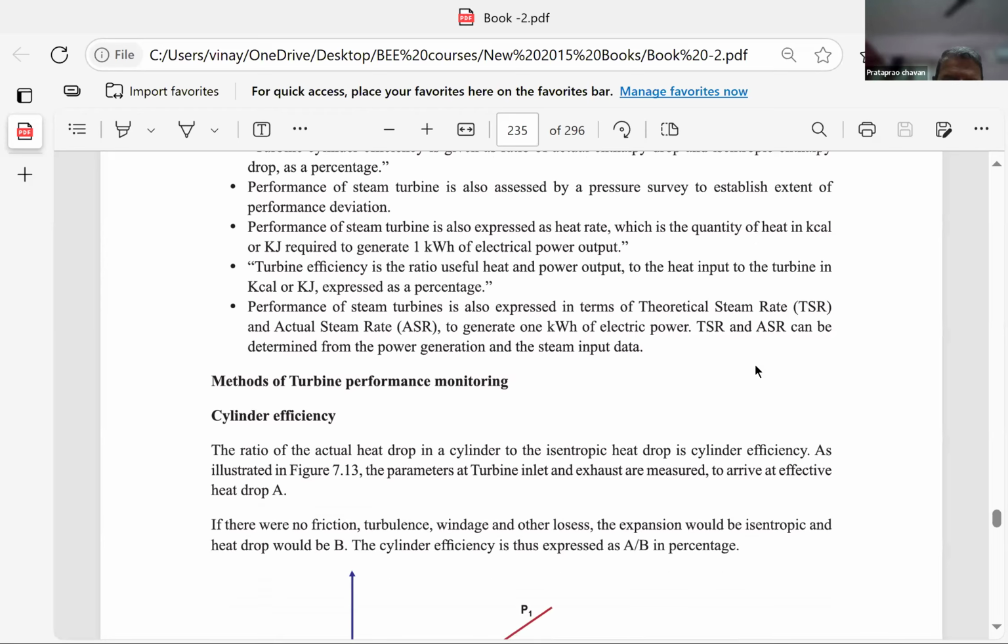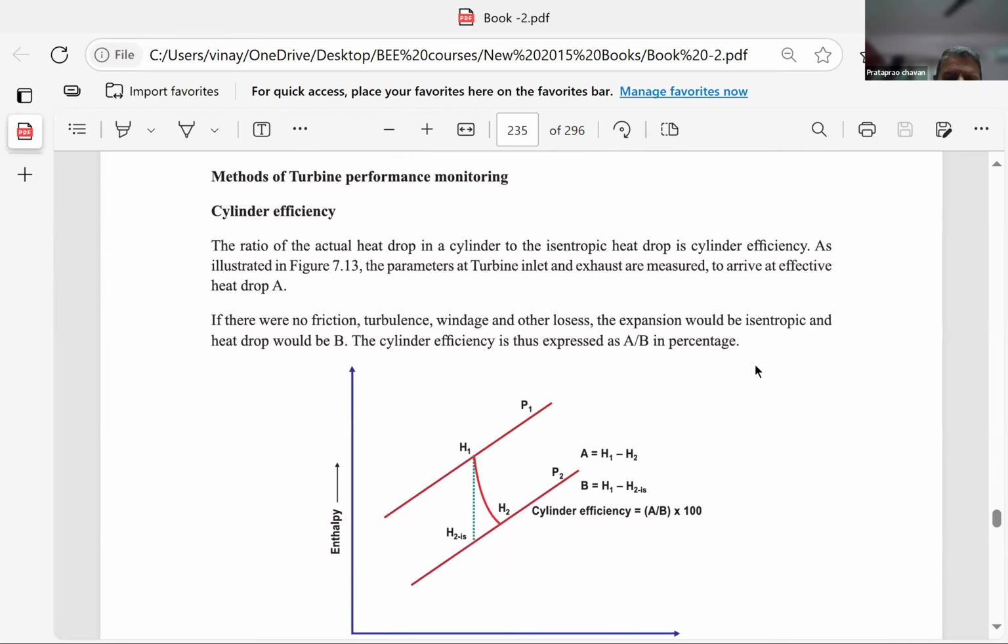So how do you monitor the performance of a turbine? Some nomenclature or definitions you must understand. First is cylinder efficiency. What is a cylinder? The segment of a turbine from the inlet to the exhaust. That one enclosure through which the steam is expanding is called the turbine cylinder.